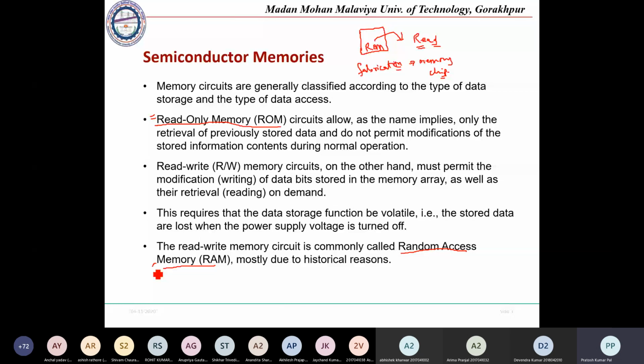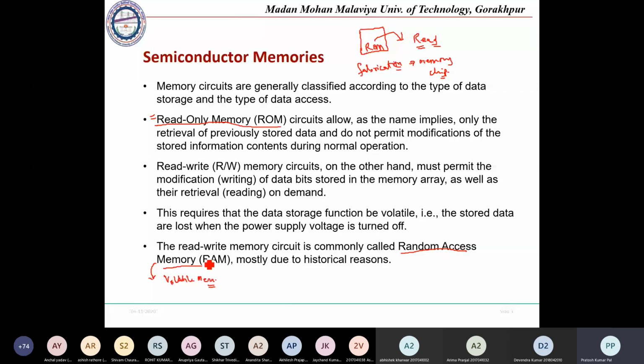Once it is connected to a power supply, whatever data we are writing, we can access the data, write the data, read the data. But once the power has gone, whatever data is stored in that memory, that is RAM, will vanish. That's why it is called volatile memory.